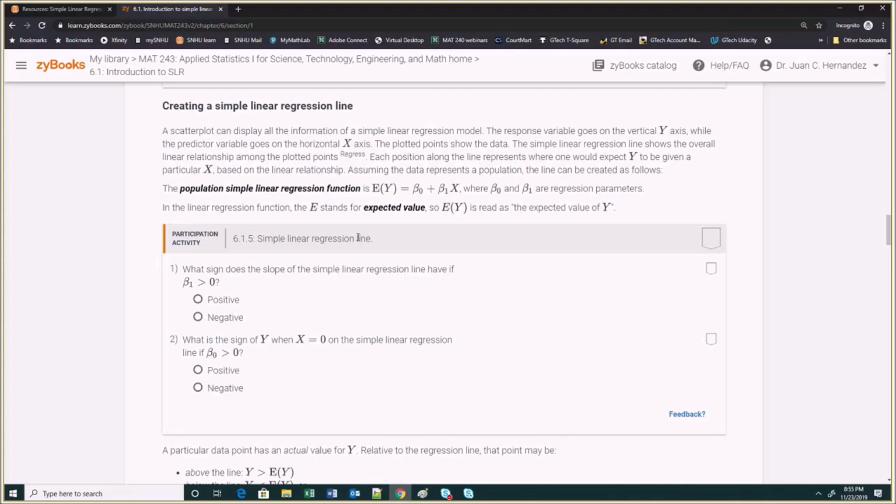That is correct. So if we recall, y equals mx plus c was the equation for the straight line. And in that equation, m was the slope, and c used to be the y-intercept. Well, in this case, beta 0 is the y-intercept, and beta 1 is the slope.